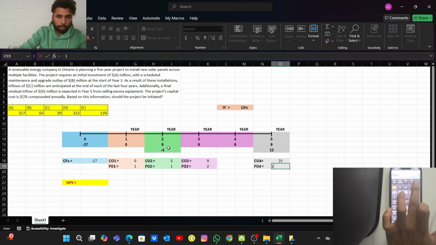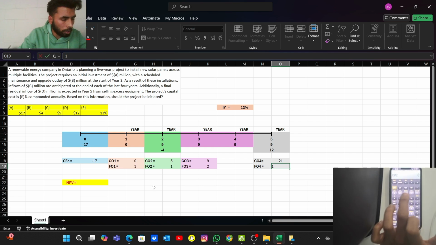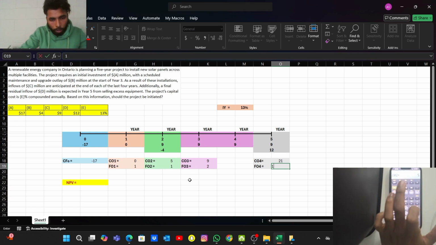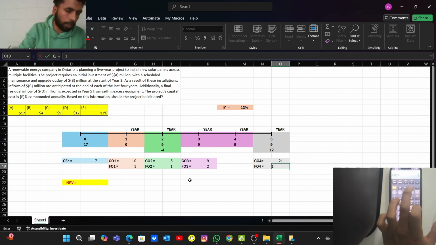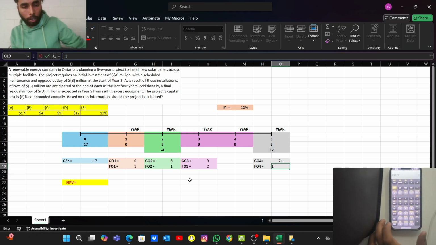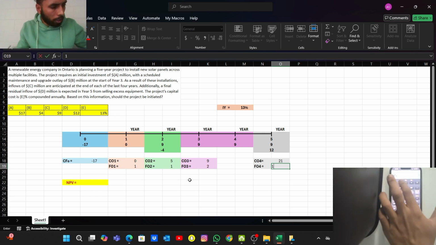For the next one, the third year, CO2 is 5, which is also an inflow, so enter 5, then enter. Don't forget to press enter after every amount. The frequency is 1, because it is only for the third year.